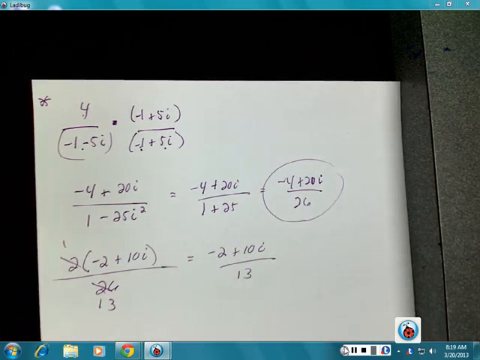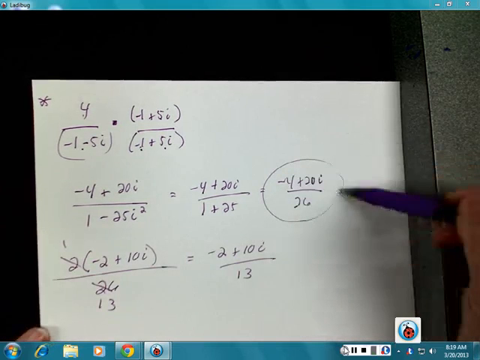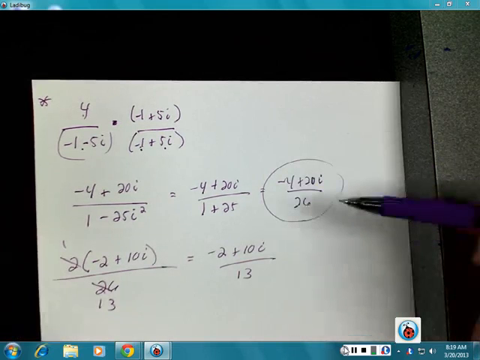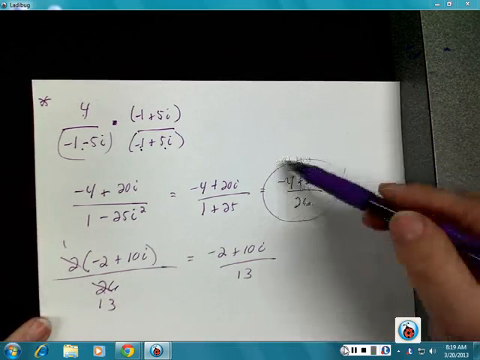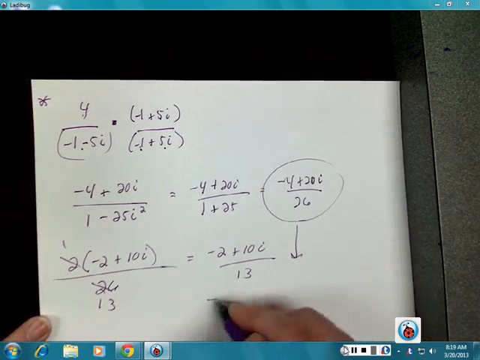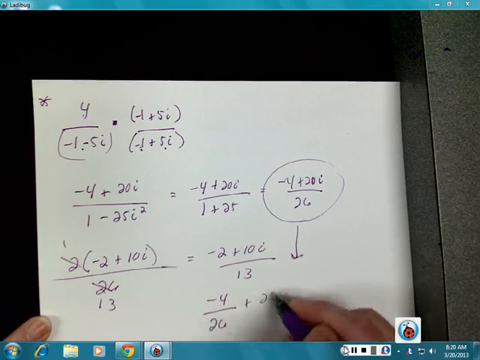Now the thing you can do, if you had this piece up here, is what's called a triple cancel. The only time you ever get to do that is in this situation, because really what this is showing you is a negative 4 over 26 plus 20i over 26.